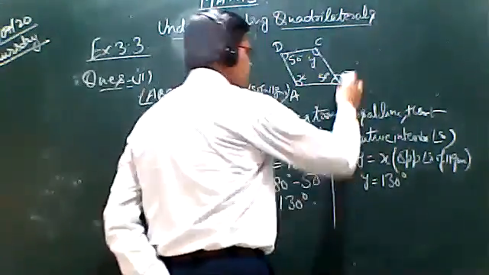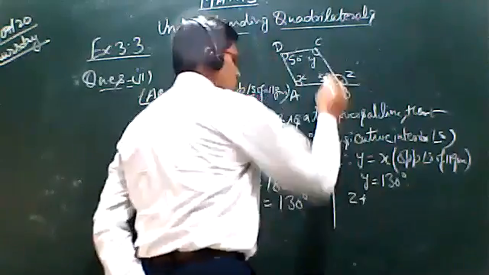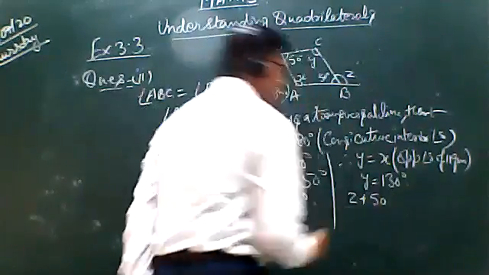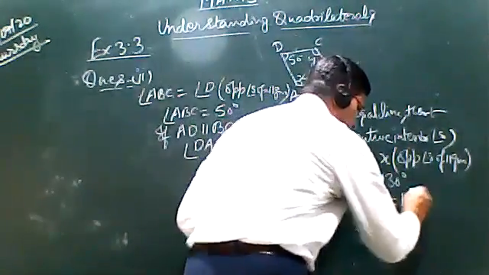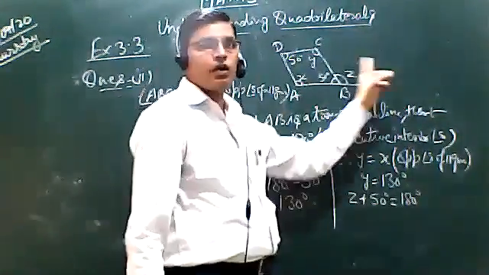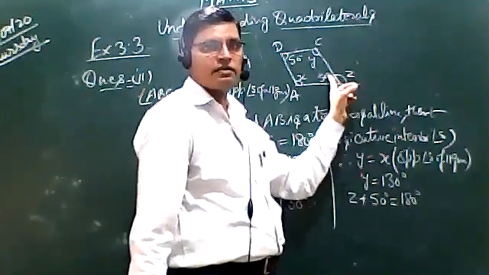So we know angle Z plus 50 degrees is equal to 180 degrees. Why? Linear pair of angles. This is the linear pair of angles.